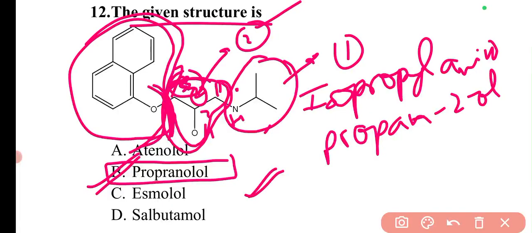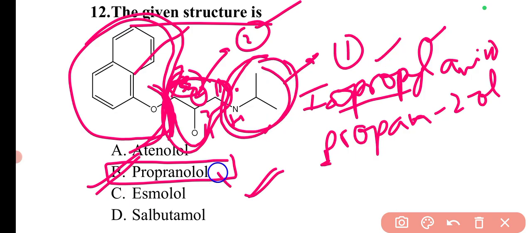This third position is of the naphthalene 1-oxy group, and this is the first position, where it is the isopropyl amino group, and the rest is the propane 2-ol. That way you can identify the structure and give the IUPAC name to that structure.